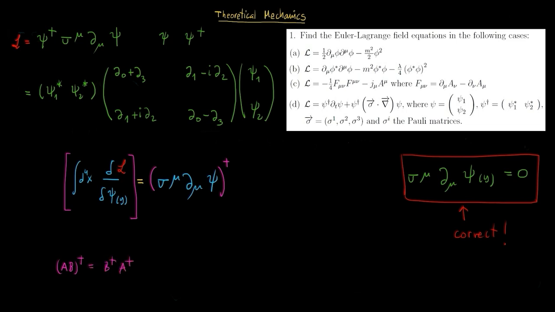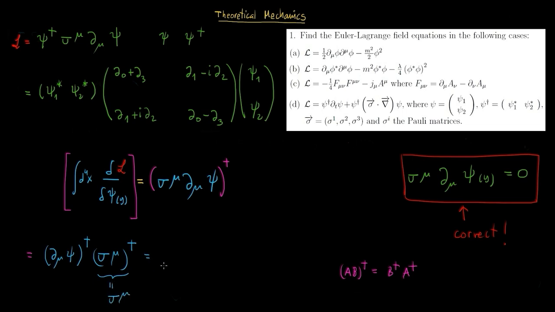Using this property, we will have partial mu psi dagger times sigma mu dagger. But Pauli matrices are Hermitian, so this is sigma mu.